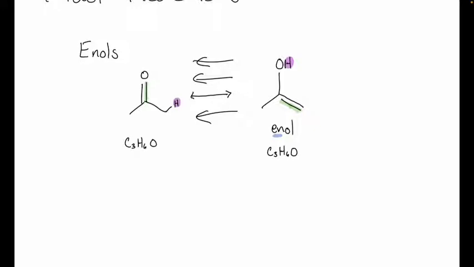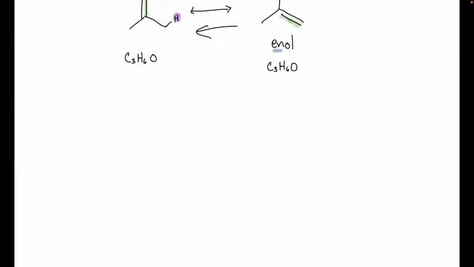But even if there's only 0.0001% in that enol form, that can still correspond to the reactions of that particular molecule. Okay? So again, before we dive into these reactions here, let's make sure that for a given ketone, we can draw its enol. All right? So I'm going to put down a ketone here. And we're going to draw its corresponding enol.